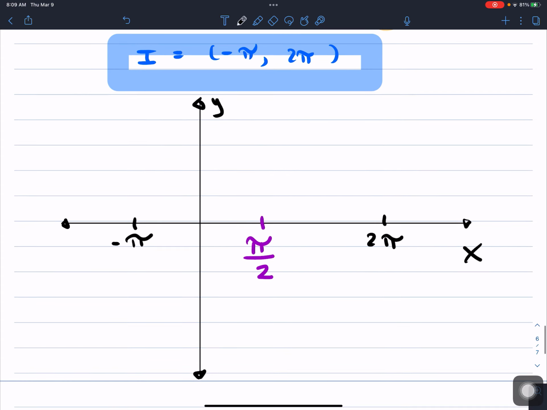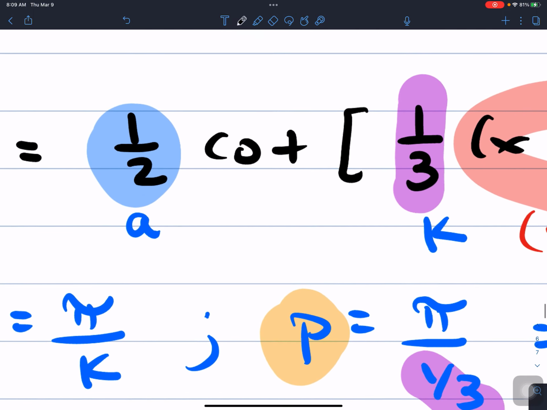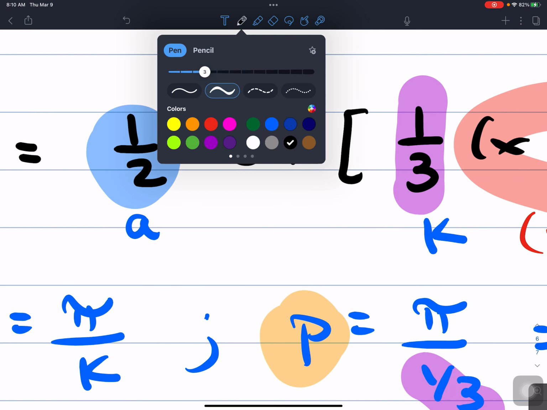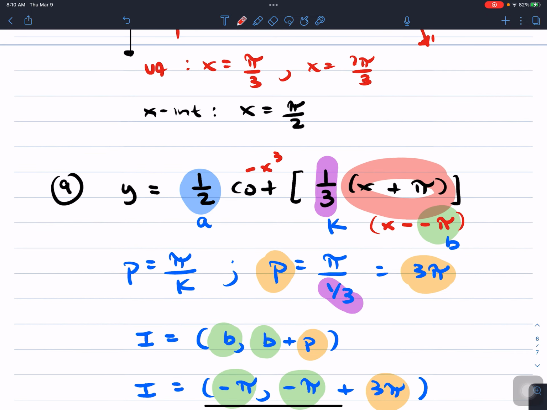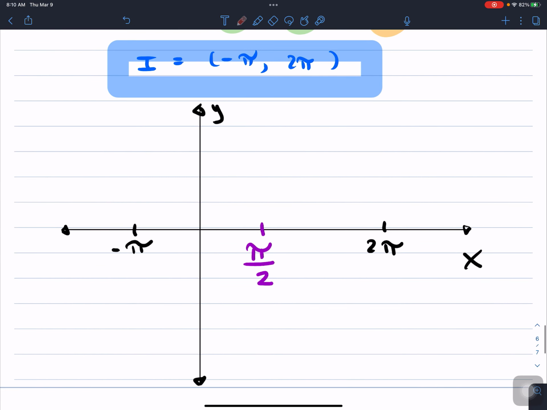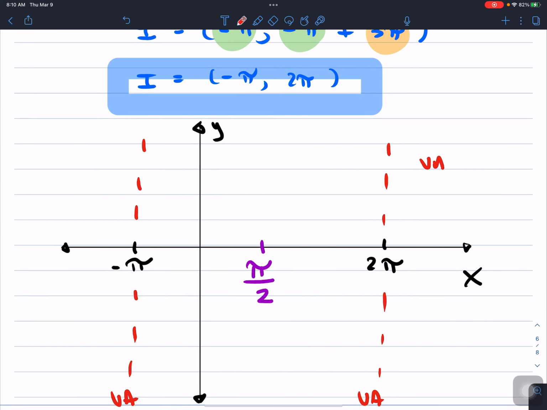So I'm using this important information. Now, what do we do here? We have to go back and say, oh, what curve is this again? Cotangent. What's the memorization device for cotangent? Negative x to the third. So you get to sketch negative x to the third here. Oh, we forgot to do our vertical asymptotes. I'm just getting ahead of myself. Vertical asymptote, vertical asymptote. It's good to summarize it.